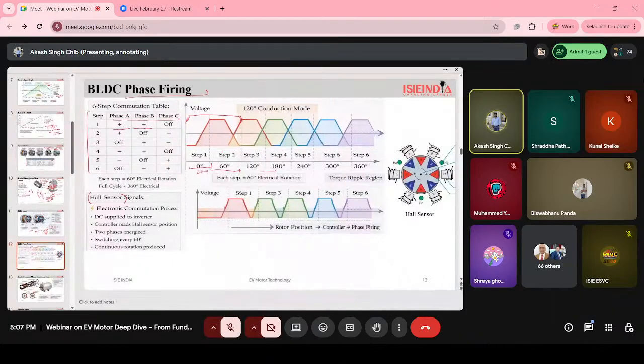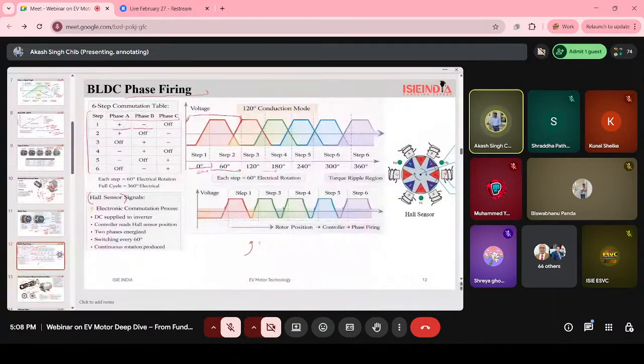In the step, current flows from phase A to phase B. Then phase C gets off, then phase A gets energized. This phase firing flows like this. Like one phase will be on, and the rotor part tries to rotate with the phases. Here you can see one pole will get energized, so the rotor tries to align with this pole.